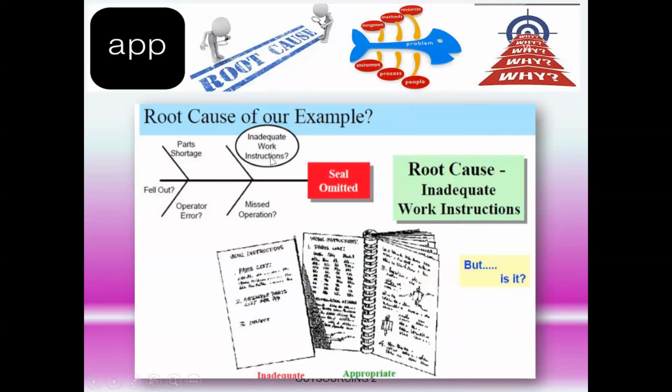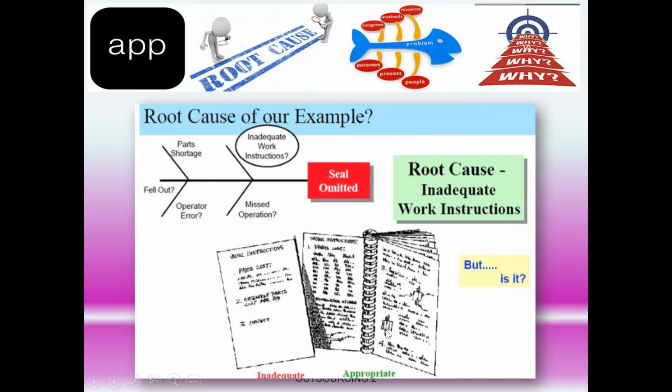Then you found out inadequate work instruction. Maybe the problem is not you using the machine. Maybe the root cause of the problem is within the production. The seal was omitted, so inadequate work instruction is the root cause.